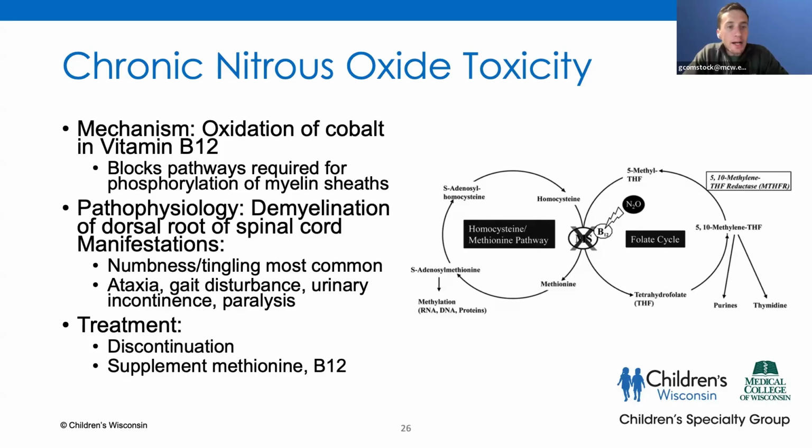So giving them back methionine and giving them back B12 is rational, even if we lack really good evidence to say that it's going to be effective. So you get them to stop using their nitrous oxide, you supplement the things that are probably lacking in them, and then continued follow up is going to be their care. But they can have some pretty considerable manifestations.